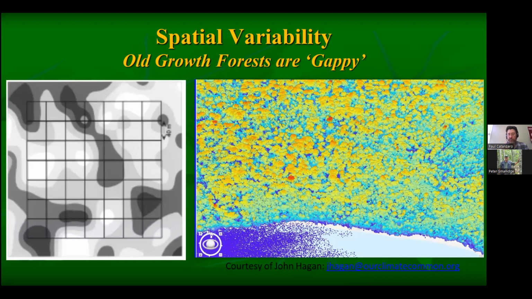And this is a LiDAR from an old growth forest up in Maine. And I hope you'll see that there are some openings in there, right? There's some gaps in there that are dark blue. And then of course we've got a lot of that canopy that's in that yellow, orange, and a few red popping out. So these old growth forests have a variety of spatial variability.